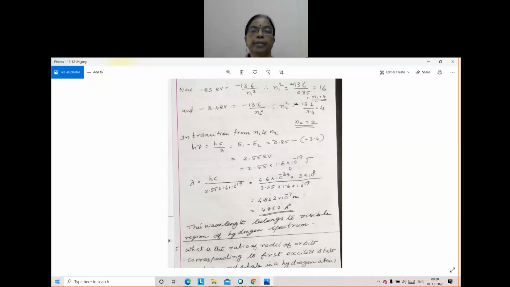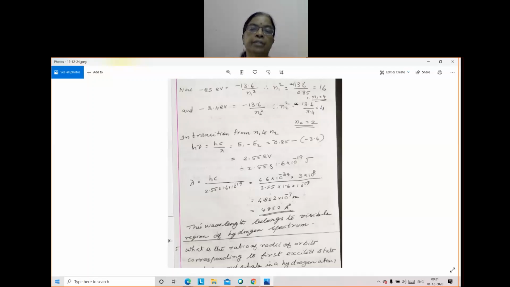Just convert into joules and the corresponding wavelength you can find out. h nu equal to hc by lambda equal to E1 minus E2. Then lambda equal to h into c by this energy difference. In joules it is this value. If you want to convert into electron volt, divide by the charge.